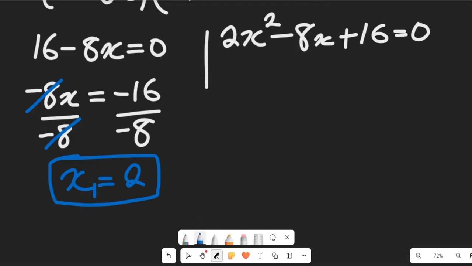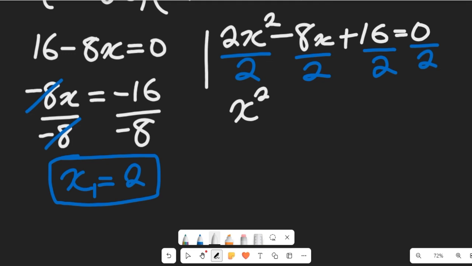We are going to simplify this other quadratic expression by dividing all through by 2. If we divide all through by 2, we can make that expression easy to solve quadratically. Dividing by 2, that expression will now give us x squared minus 4x plus 16, and this will be equal to 0.